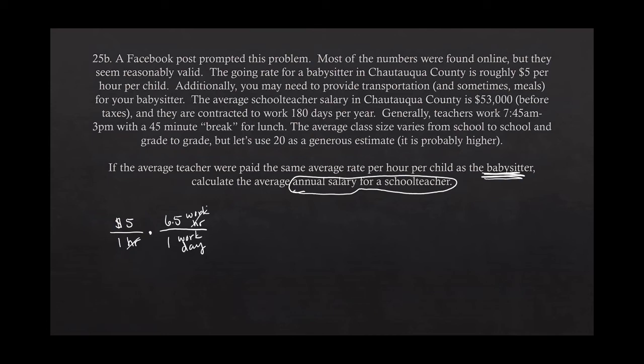So we can cancel those hours. I put the 6.5 work hours in the top because right now our hours are in the bottom. Work day on the bottom now. And then again, same conversions that we already came up with last time. Work days, we know that for a teacher there are 180 of them in a year. So work days in the bottom, so I need to put the 180 work days in the top now, over 1 work year, if you will.